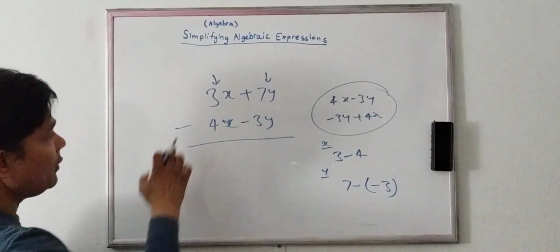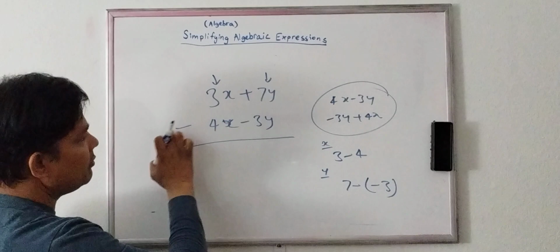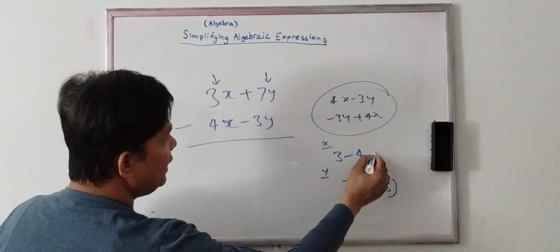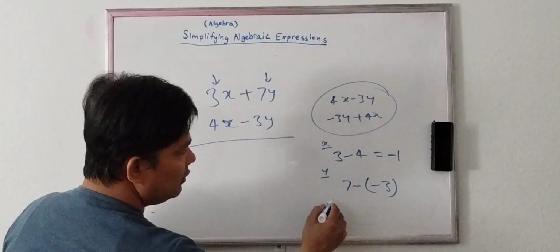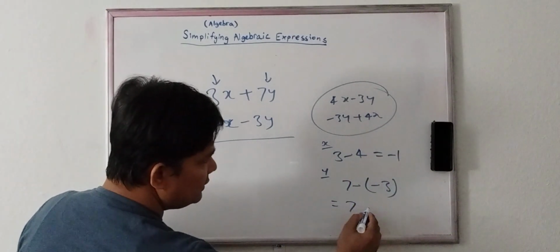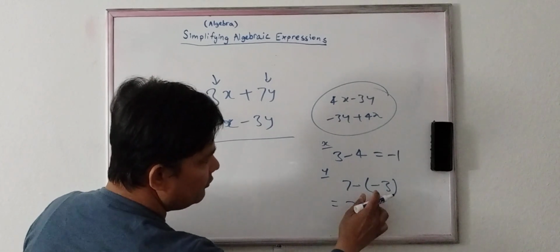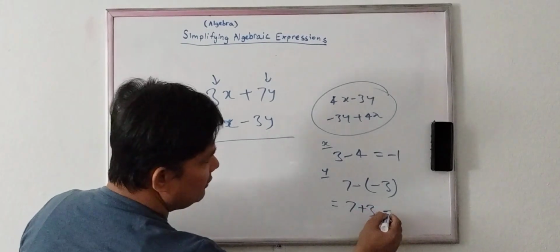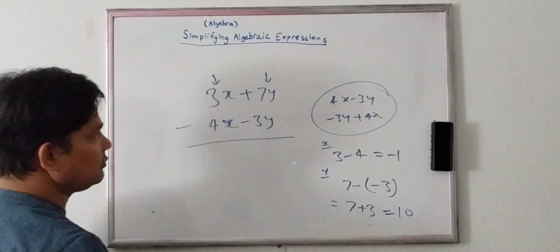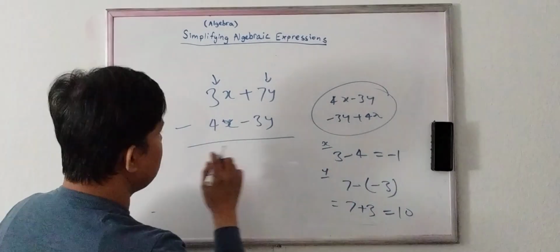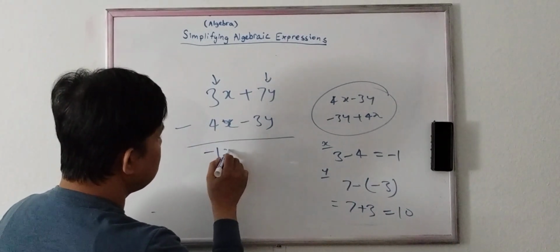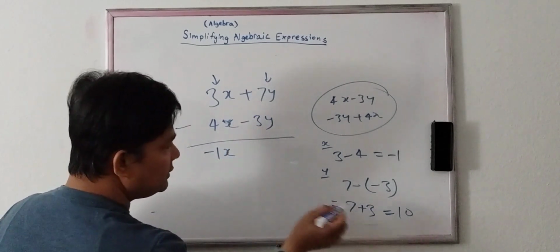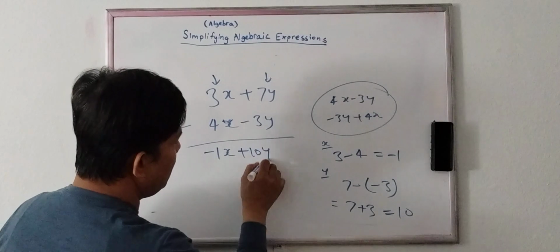So 3 minus 4 is minus 1, and 7 minus minus 3 means we can say 7 plus 3 if we take the minus 3 out of the bracket, so that will become 10. So this one is minus 1x, and this is plus 10y.